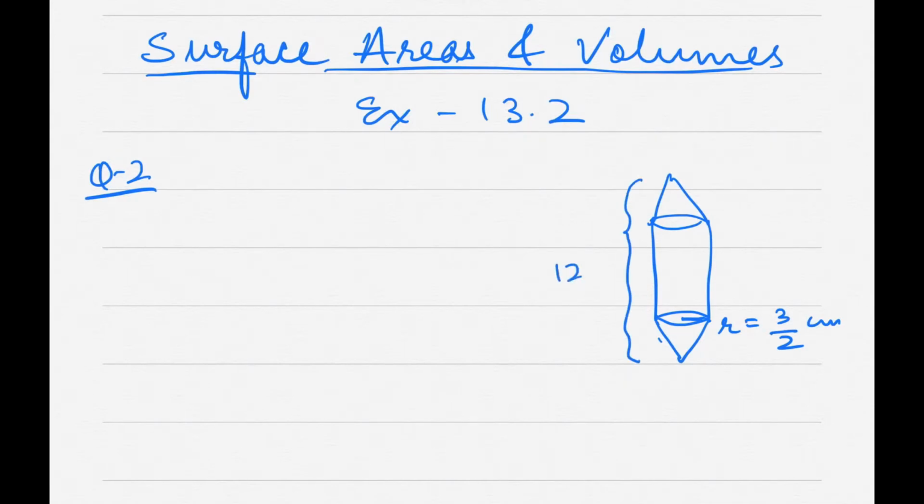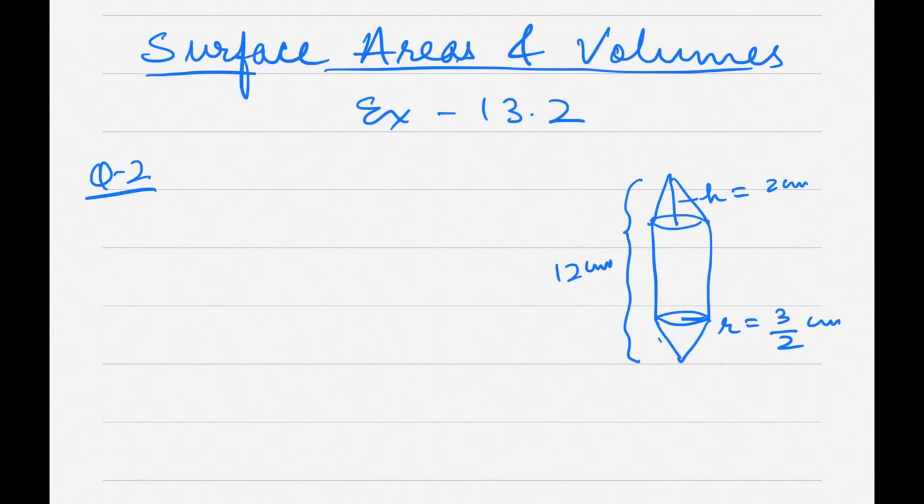So this total length is equal to 12 centimeter and each cone has a height of 2 centimeter. So each cone has a height, this is my height, so this height is equal to 2 centimeter. Okay, find the volume of the air contained. So basically we have to find the volume of this model.